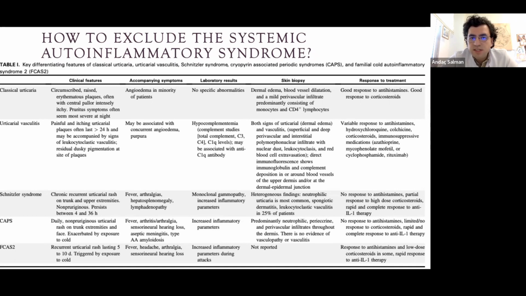And those include mainly the autoinflammatory syndromes, and some of them exclusively present with urticarial rash, in addition to those symptoms that were mentioned just before. Those syndromes are, the first one, the cryopyrin-associated periodic syndromes, the Schnitzler syndrome, and the familial cold autoinflammatory syndrome too.